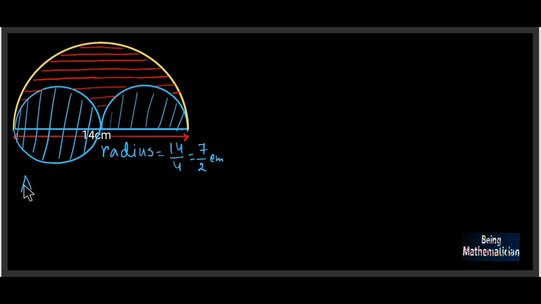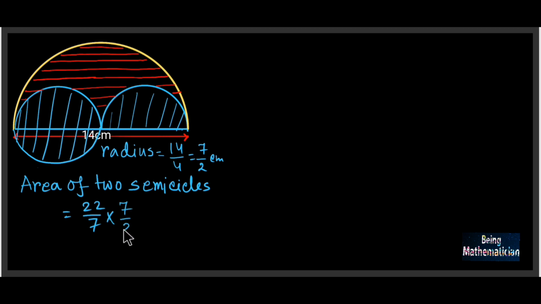So we can easily find the area of two semicircles, which is equal to 22 by 7 into r square, and it is 7 by 2 into 7 by 2. So 7 cancels out and 2 elevens are 22, so 77 by 2 centimeter square.